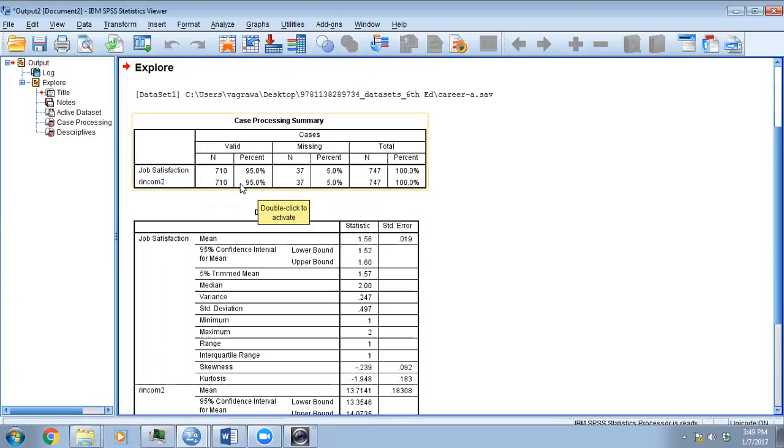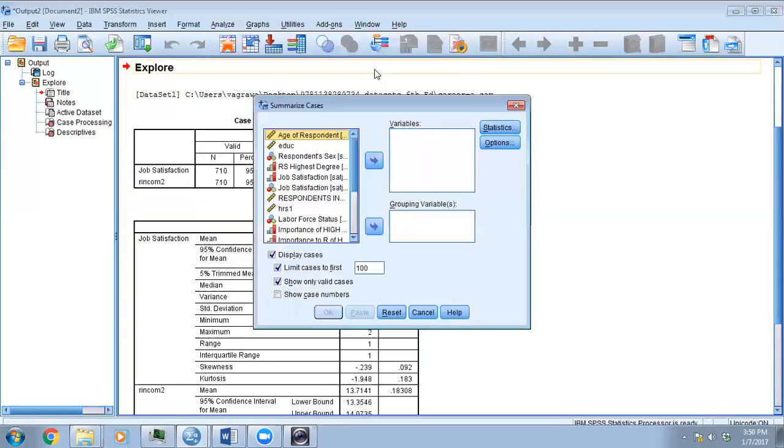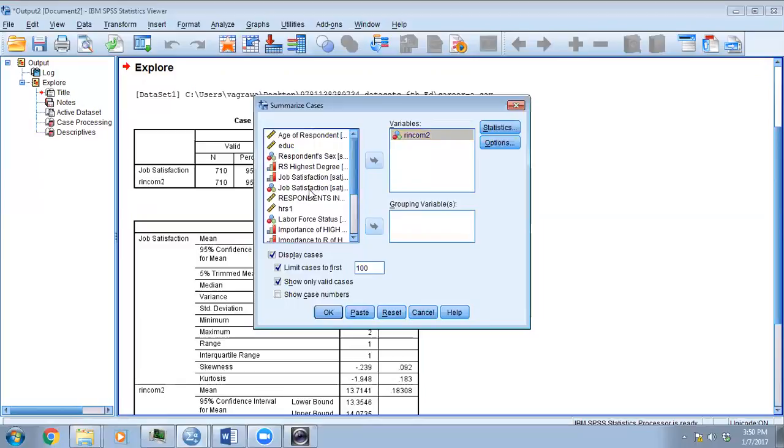It's always good to see the variable-wise analysis as well, where we see for each variable how much missing value there is. For that, we have to go to Analyze, Report, Case Summaries, and I'm going to put income and job satisfaction here.